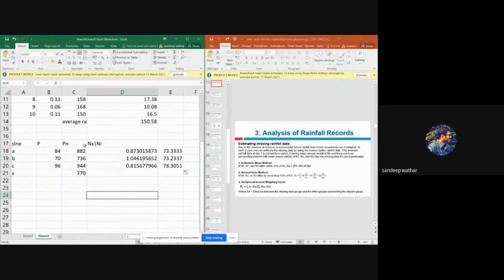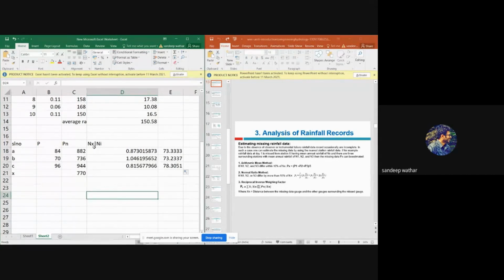See here, what I did is that I had taken the ratio of Nx by Ni. Nx is representing the normal rainfall at station X where there is missing data. A, B, C are the nearby stations. P is representing the rainfall for that given duration, and Pn is representing all the rainfall values with respect to normal rainfall.